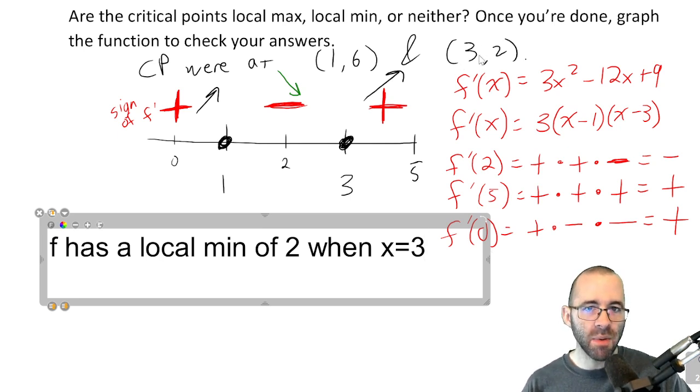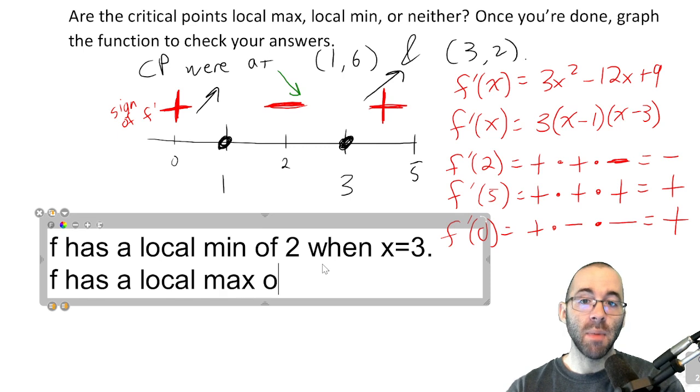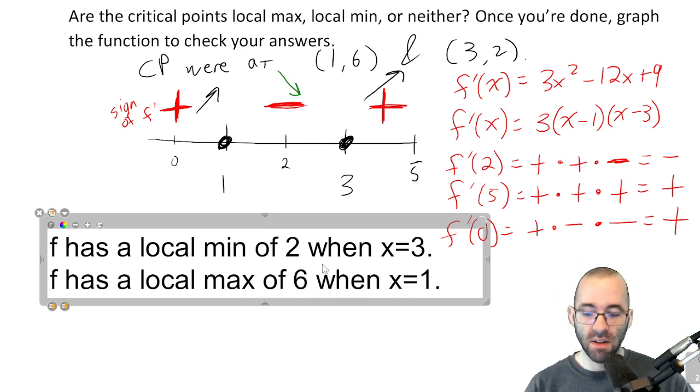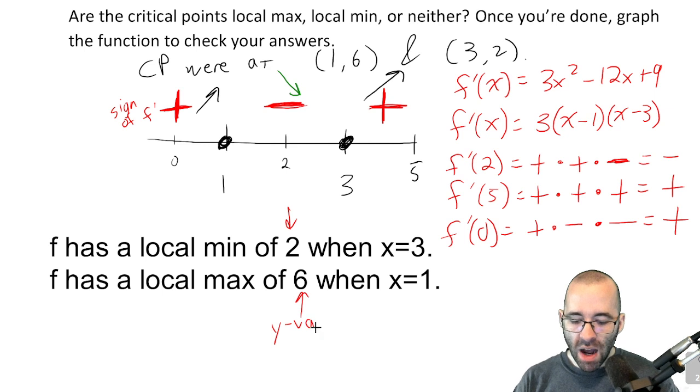This point 3 comma 2 is where the local minimum happens. And this is the phrasing that we say. F has a local minimum of 2 when x equals 3. And similarly, f has a local maximum of 6 when x equals 1. So that's the wording. The wording is always the minimum and the maxima are y values.